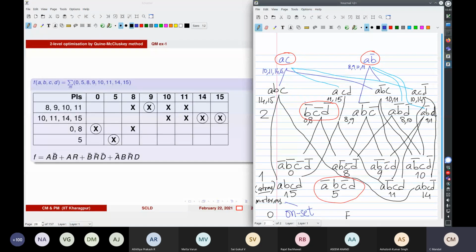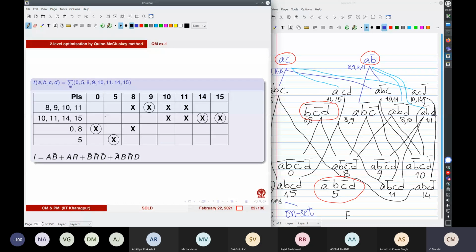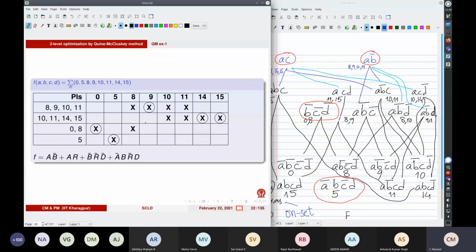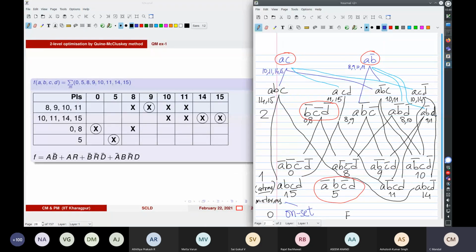Now, what you see is that this A bar, B bar, C bar, D bar, this one is covered only with B bar, C bar, D bar. Okay, that is shown over here. That is 0, 8. What you can see here is really summarized in this table, so you should relate this table to this table.